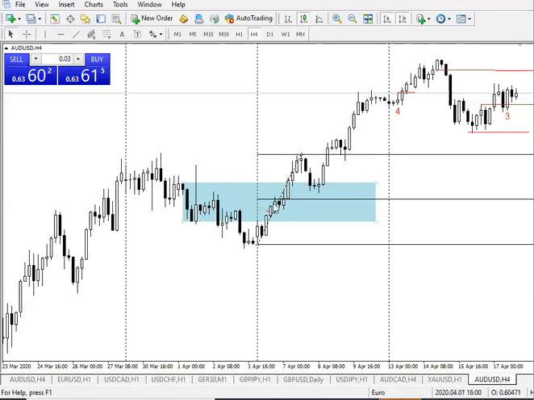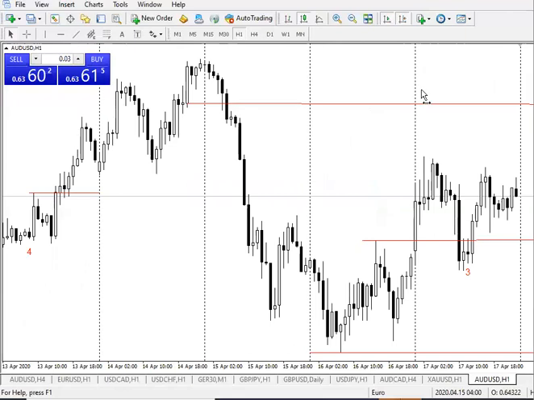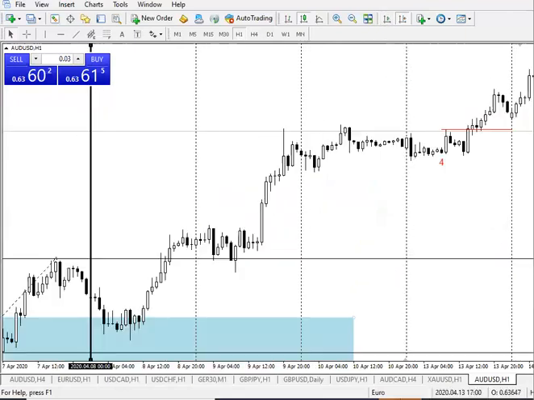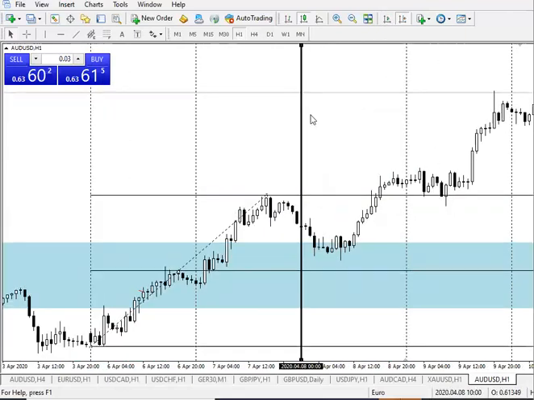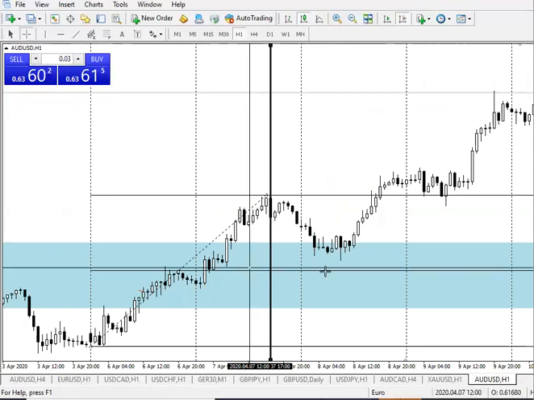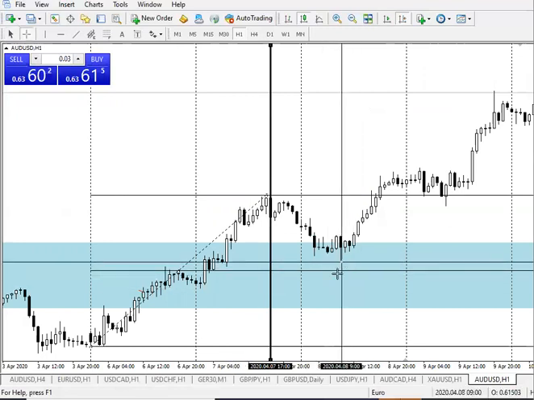Has it made a higher high? Yes, it's taken out this fractal. Everything's in line for a buy. So what I do then is I draw down to the 1 hour. Do it on that candle. I am looking for the low to form in London or New York. It comes down into the box, near the 50%.